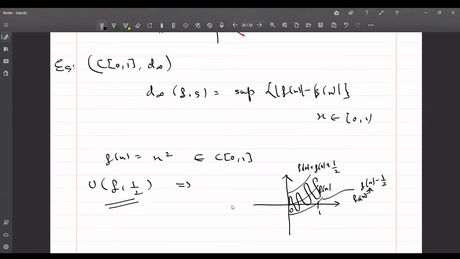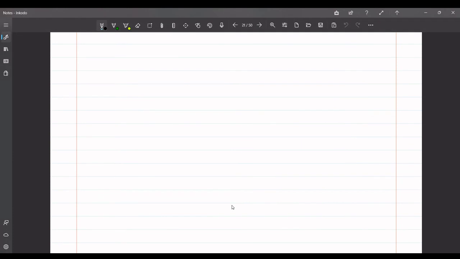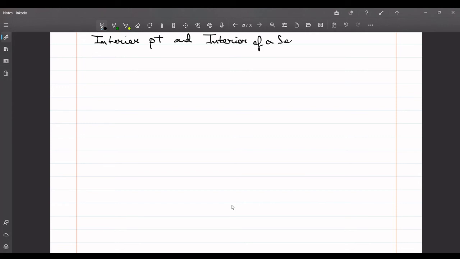Simple, right? Now let us move on to the next concept, which is the concept of an interior point and the interior of a set. It is very important to understand this for the concept of open sets.